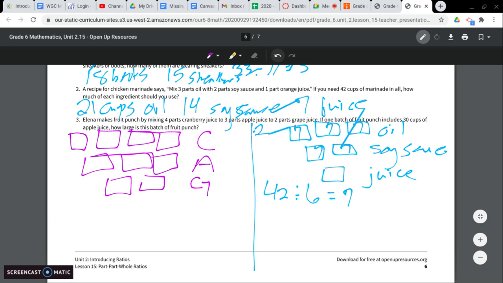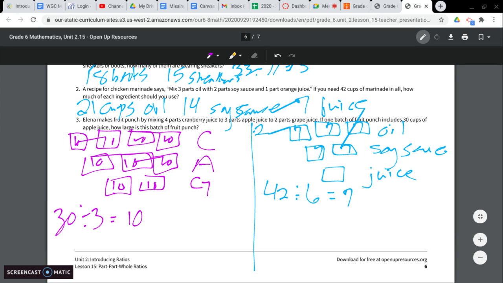So it tells us the fruit punch has 30 cups of apple juice. If we take 30 and divide it by 3, since apple juice has 3, 30 divided by 3 equals 10. So that means each one of these is going to be 10, since they all have to have the same amount, since we're looking at parts.